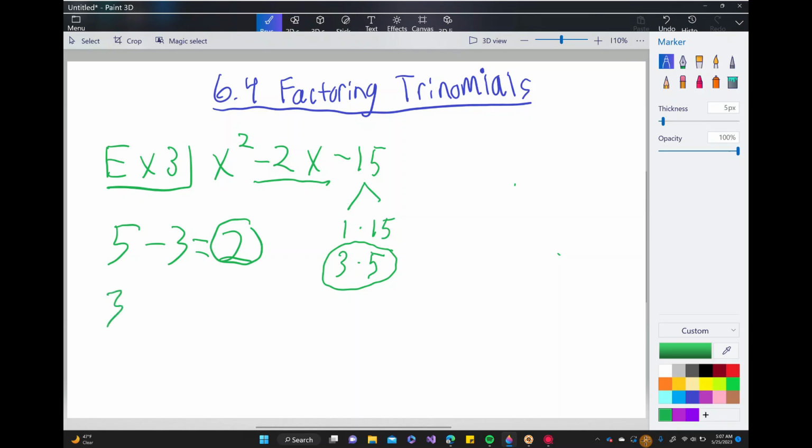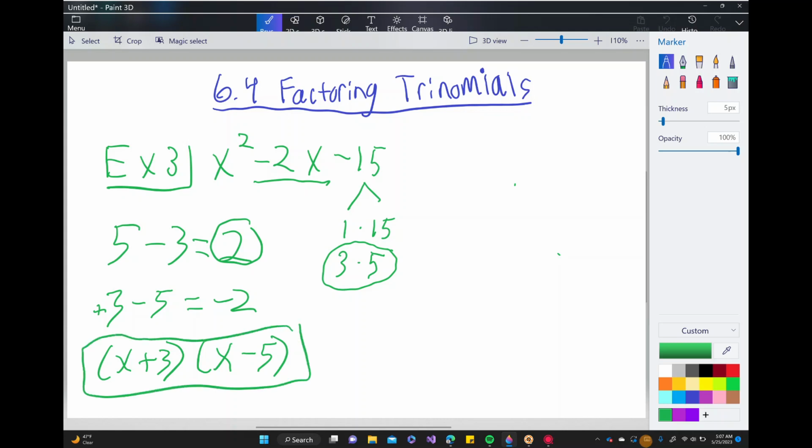All you do is you swap, not swip, you swap the numbers around. So 3 minus 5, that just gives me negative 2 now. If you don't believe me, check your calculator. So now we have a positive 3 and a negative 5. So we split it up to be x plus 3 times x minus 5. And that's your final answer.